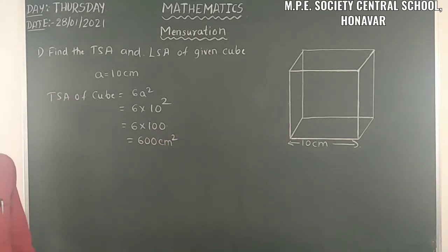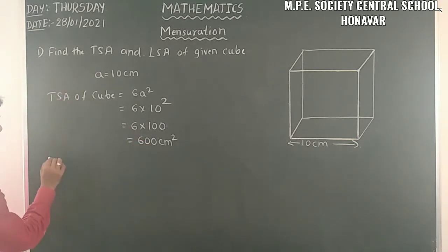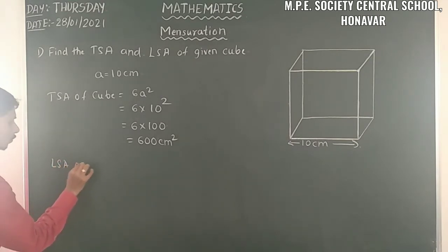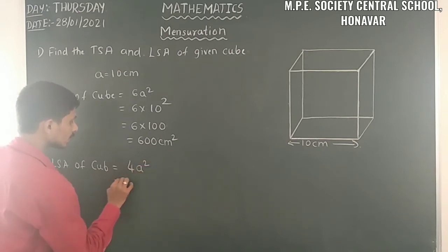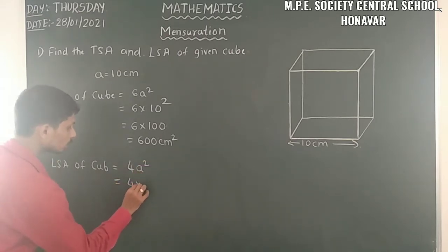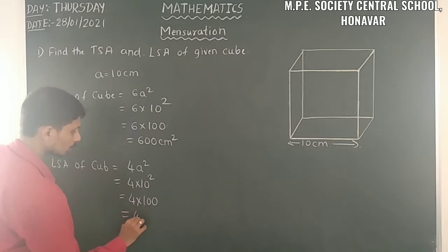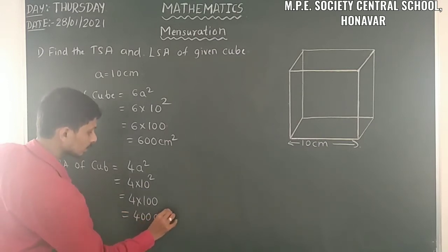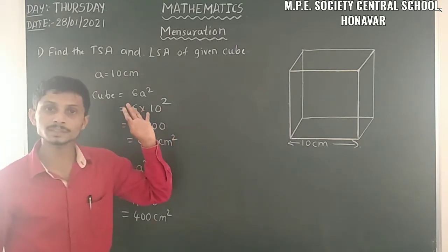Simultaneously we find the lateral surface area. The lateral surface area of cube is equal to 4A square, that is 4 into 10 square, which is 4 into 100, equal to 400 centimeter square. So 400 centimeter square is the lateral surface area of this cube.